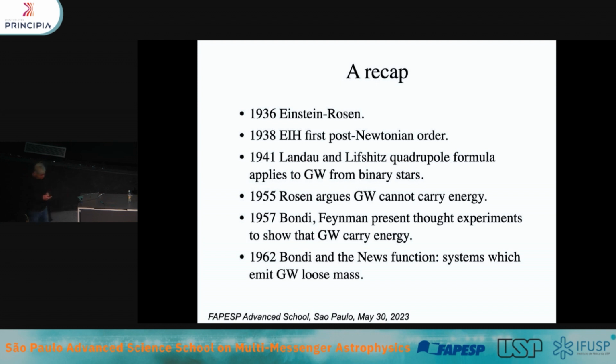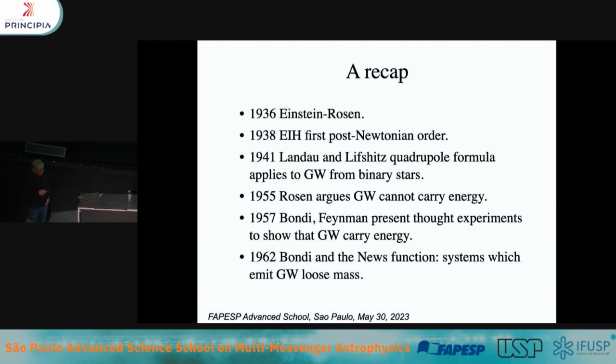But I believe that the first record of a calculation using the quadrupolar formula for a binary system was done by Landau and Lifshitz in their famous book about field theory that was published in 1941.